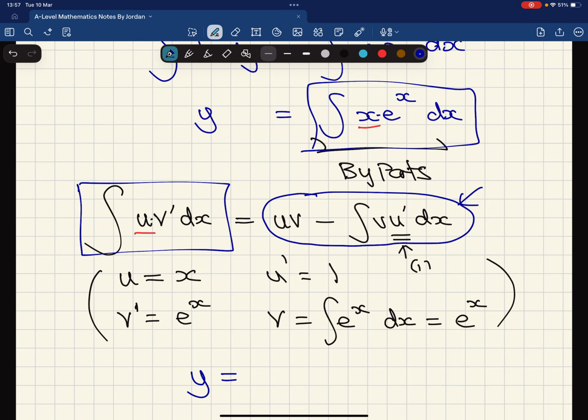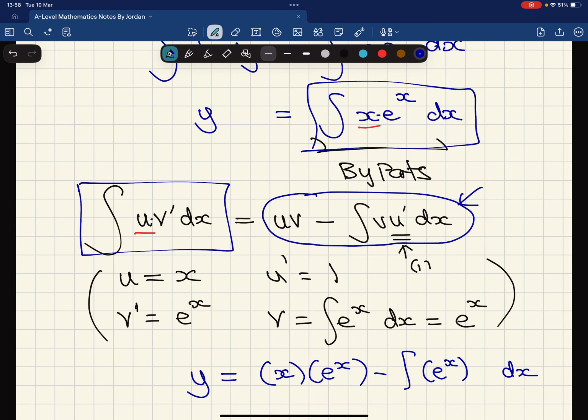So we have uv first, where x is u and v is e to the x. Then we have a subtraction symbol followed by the integral, which is now vu dash. Remember, u dash is only 1 and v is e to the power of x. Doing it properly, I'll be writing it like that, but just bear in mind 1 times e to the x just gives you e to the x.